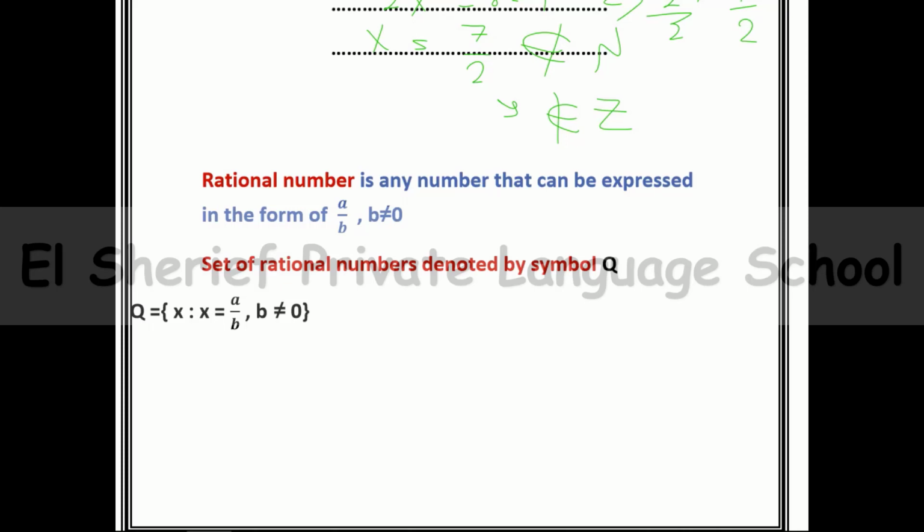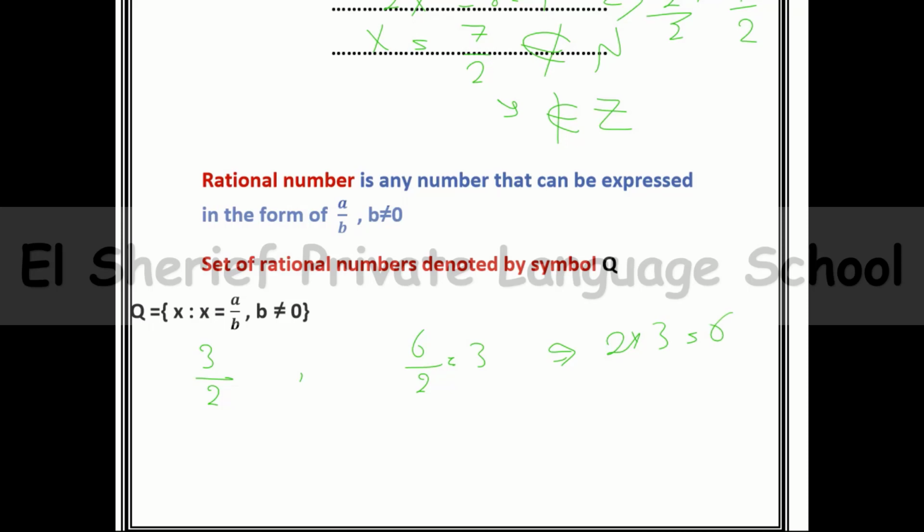As in this example, 3 over 2. If I have 6 over 2, it is equal to 3. Why? Because 2 times 3 is equal to 6.